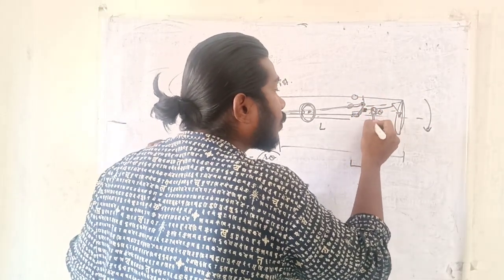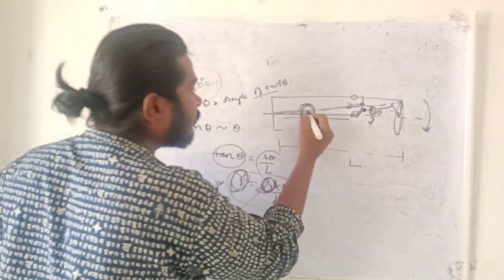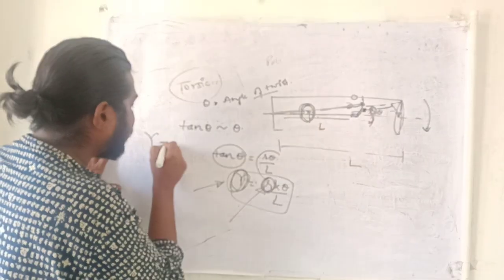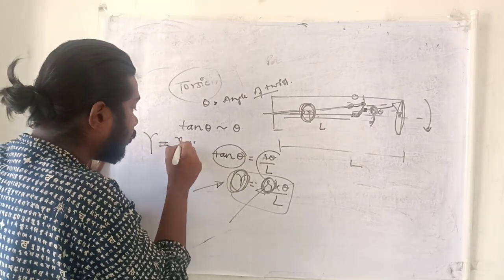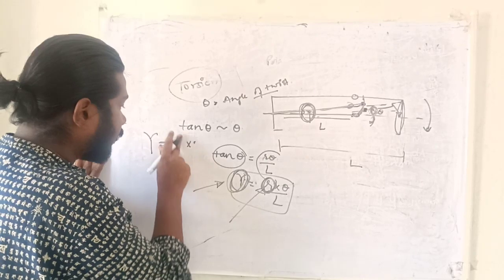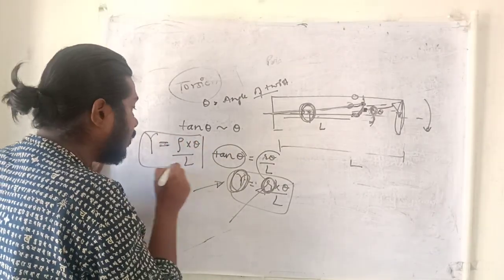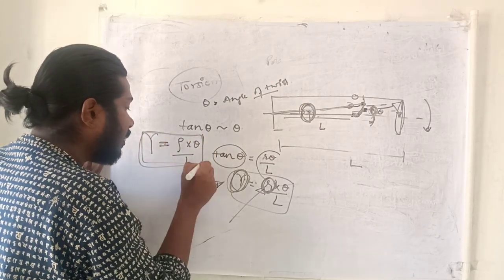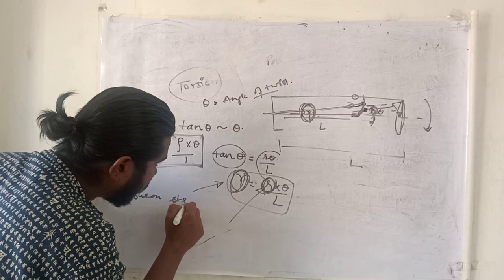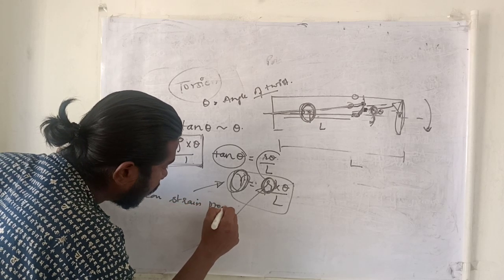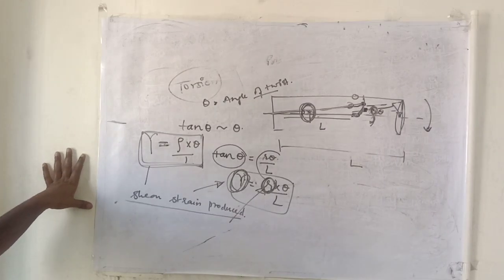So this will be rho theta for this angle which is very small. This is rho theta by L, or this is the shear strain produced.